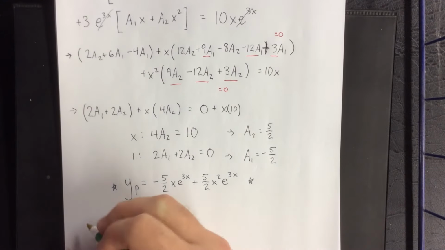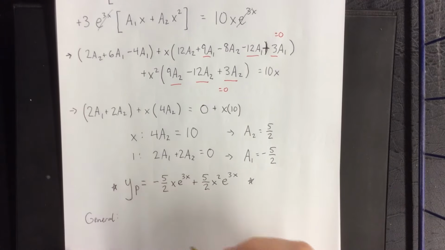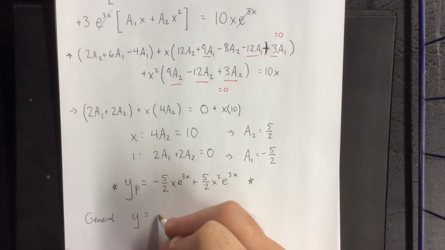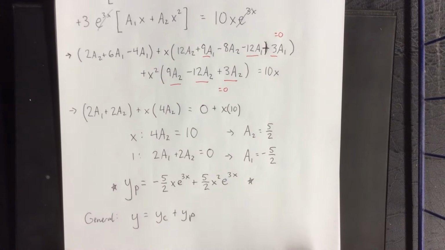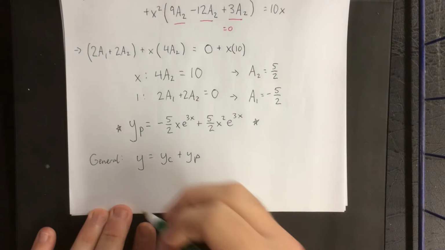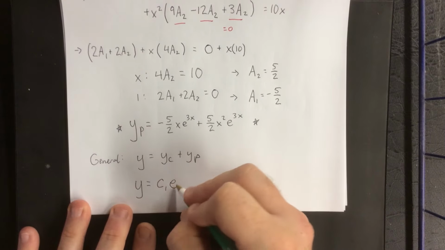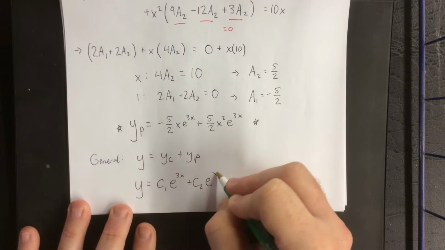Your general solution is going to be your complementary solution plus your particular solution. Complementary plus particular. I think that we can make this fit on this sheet. Oh yeah, we got plenty of room. So complementary solution was c1 e to the 3x plus c2 e to the x.